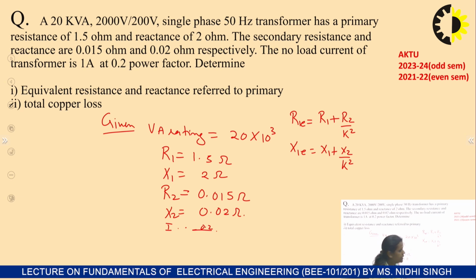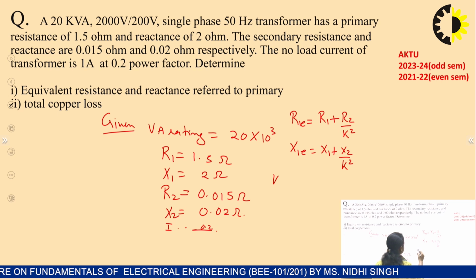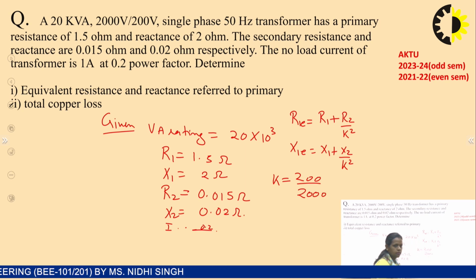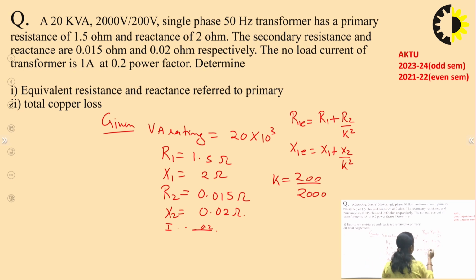Now what is this K? How will you find this K? This K is equal to 200 by 2000, right? So from here you will get the value of K. R1, X1, R2, X2 values are given in the question. So you will put the values and you can find the equivalent resistance referred to primary side as well as referred to secondary side.